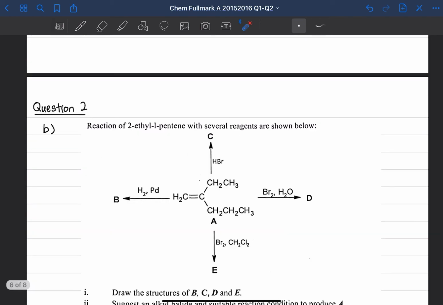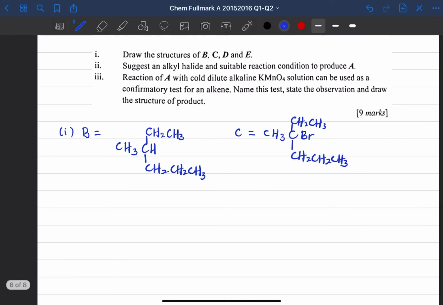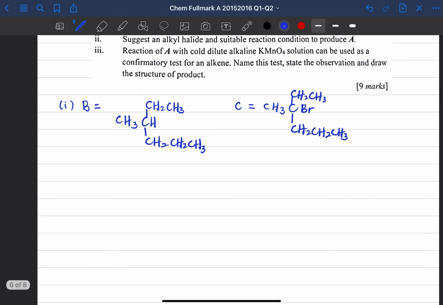Alright, next, A reacts with bromine water. So in this case, bromine reacts like hydrogen plus. So bromine will come to CH2, and OH from water will come to the carbon here. So the product D will be CH2Br.